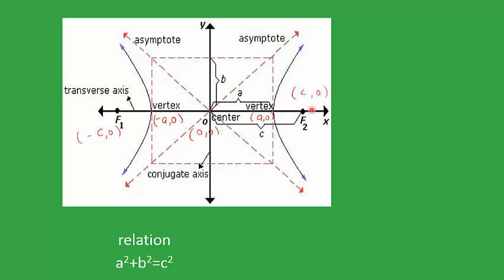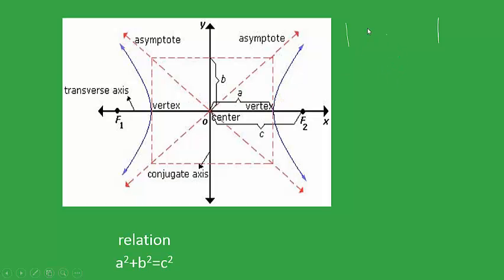Now let's calculate the difference of the distances. What do we mean by the distance? The difference is taken as the distance from the focus which is farther minus the distance from the focus which is nearer. So the first distance will be c plus a.